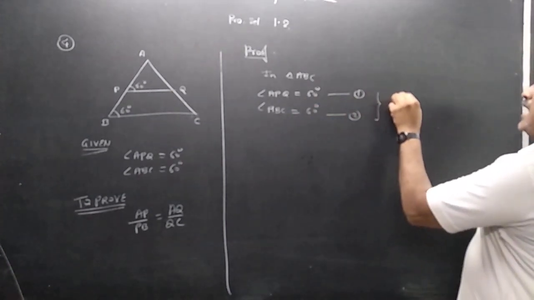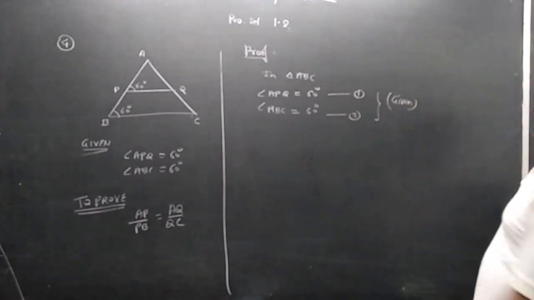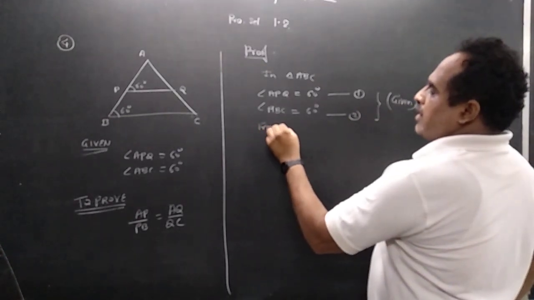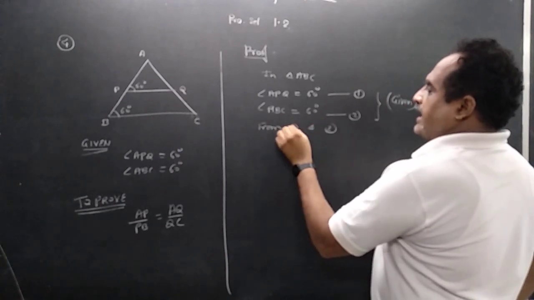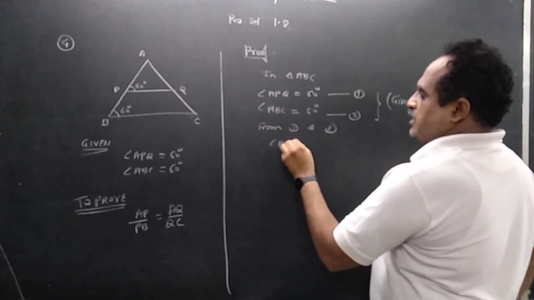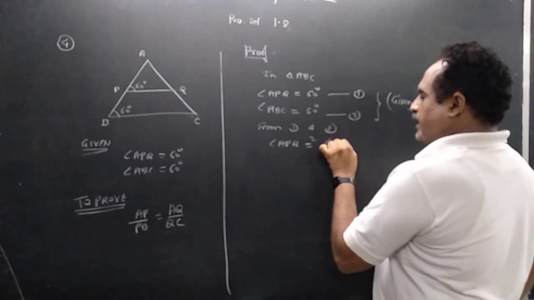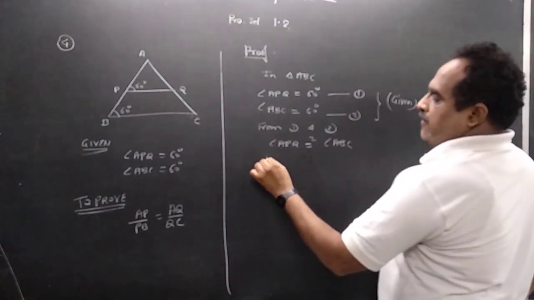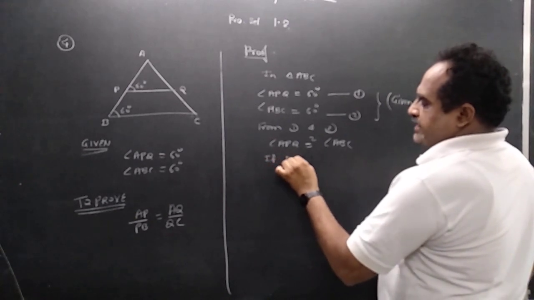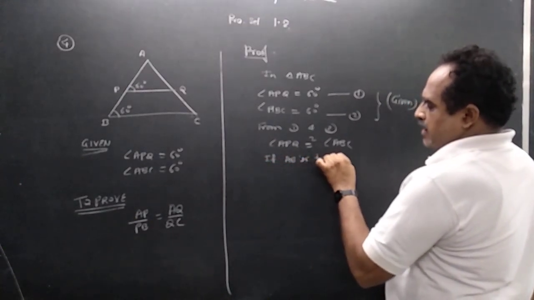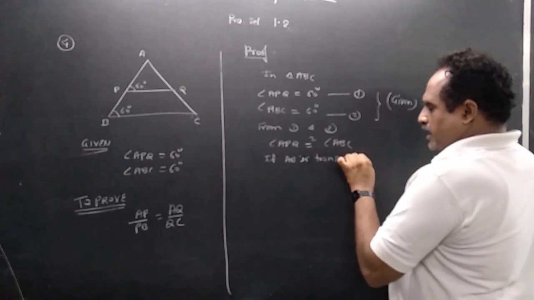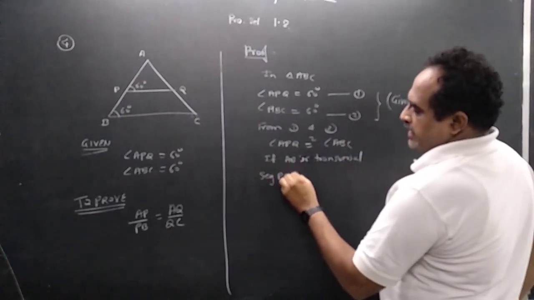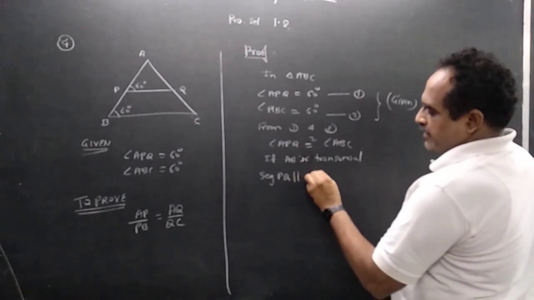And both the things are given. Therefore, from 1 and 2, I can write angle APQ is congruent to angle ABC. If AB is a transversal, I can say that segment PQ is parallel to side BC.